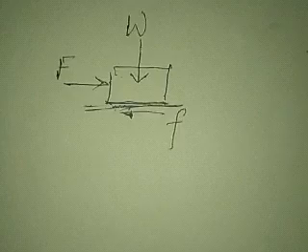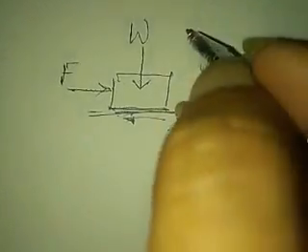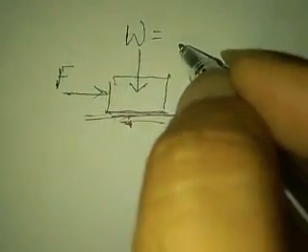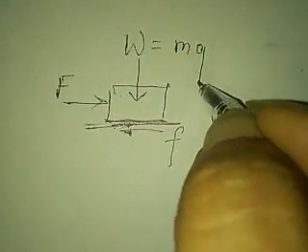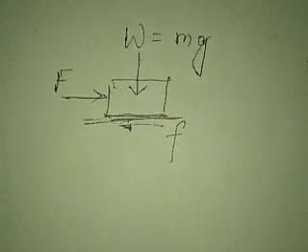And what is normal? If it is a load due to gravity, it's the weight of it, which equals the mass of it multiplied by the local acceleration due to gravity.